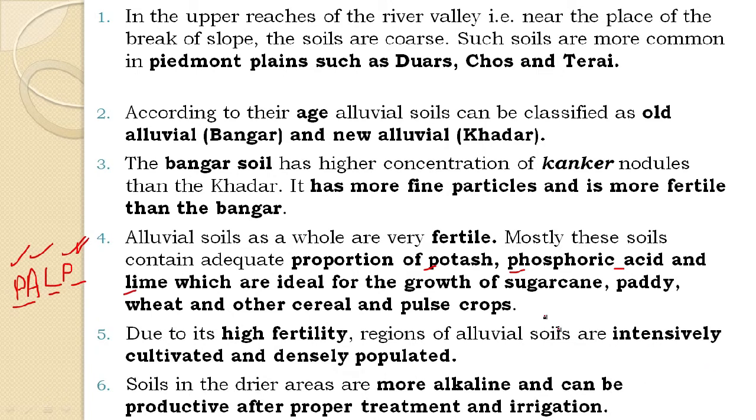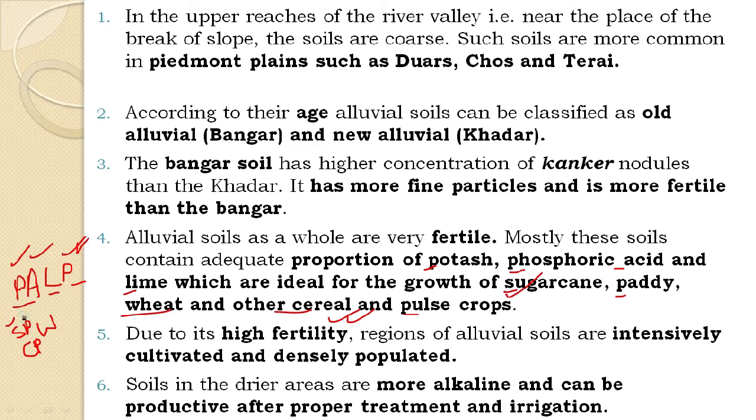Clear? And if you want to remember the crops which are grown on this type of soil, these are S, P, W, C, P. Okay? Now the SP and CP you have already studied, these are terms related to mathematics, and this is just a W. So SP, CP, W. That's it.